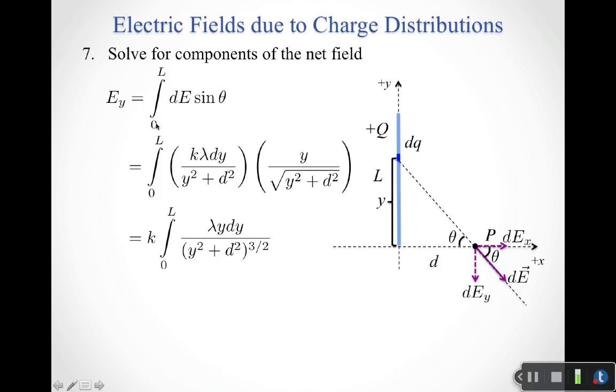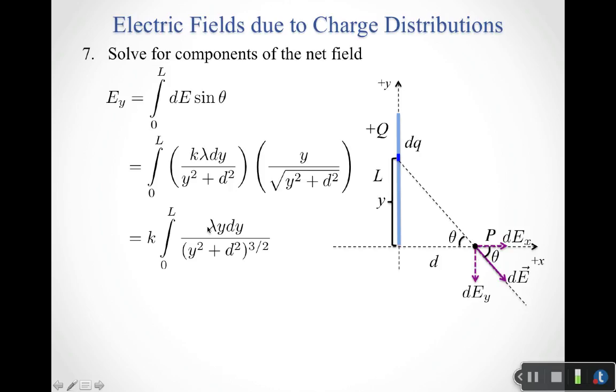For my y equation, it's exactly the same thing. I'm going to integrate from y equals 0 to y equals L of dE sine theta, with the same dE, k lambda dy over y squared plus d squared. Sine theta is y over the square root of y squared plus d squared. When I look at this, the k comes out. y needs to stay in.